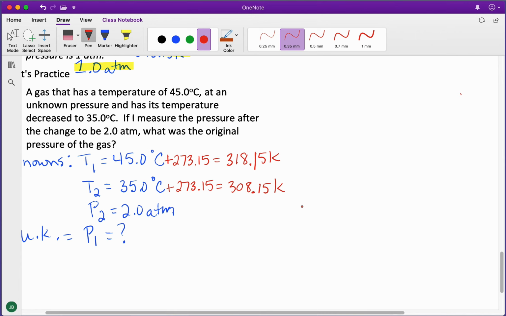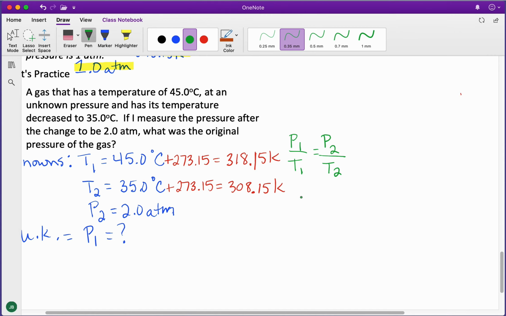All right, so now let's go ahead and worry about writing our formulas for this. And once again, I'll do the same thing where I will work it using both formulas. So your first one is pressure 1 over temperature 1 equals pressure 2 over temperature 2.